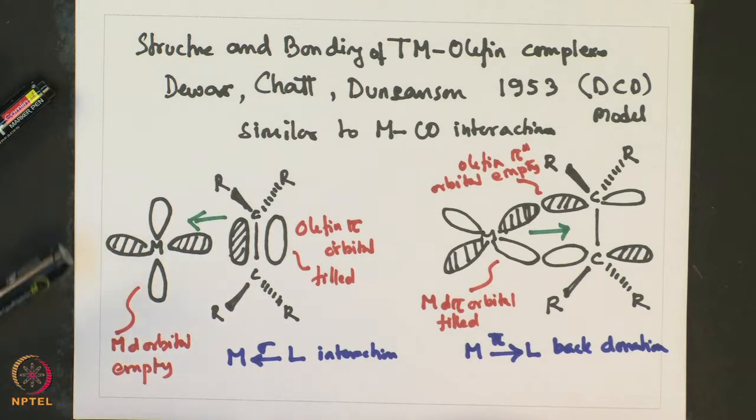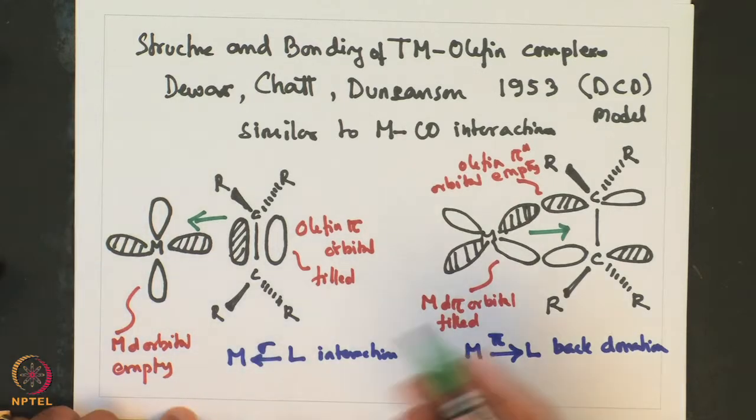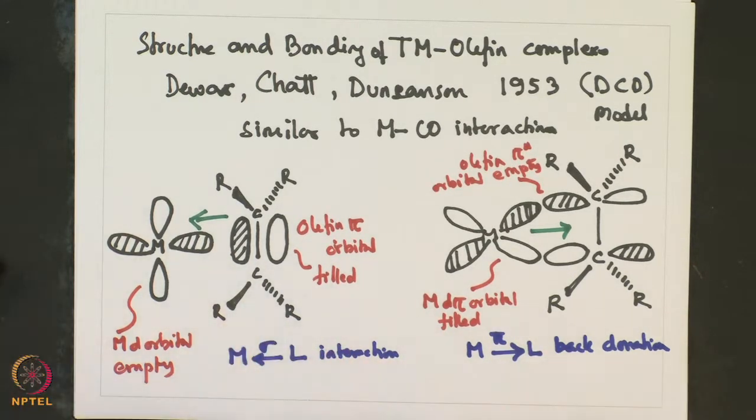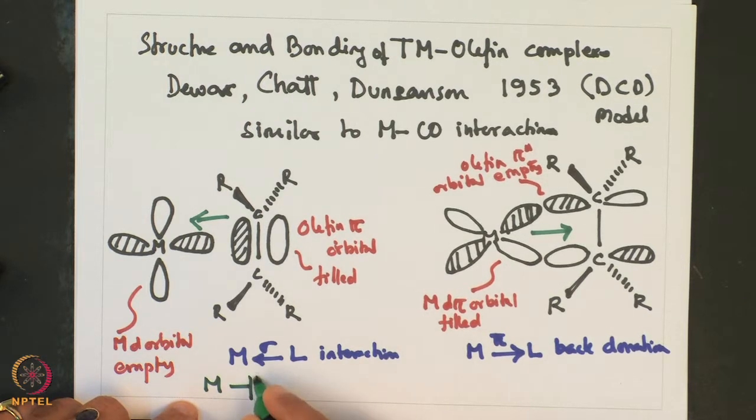spectroscopic techniques. So, for example, in interactions where ligand to metal sigma donation is predominant and the pi back donation is negligible, such olefinic complexes can be represented by these.